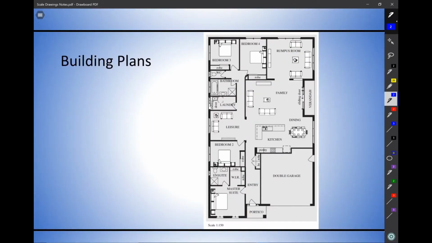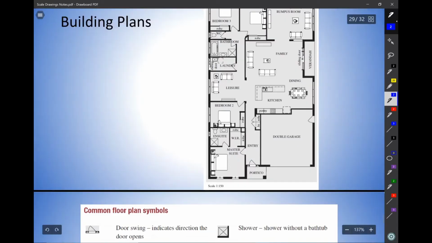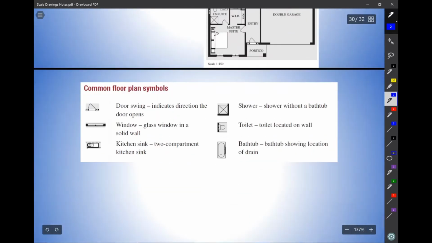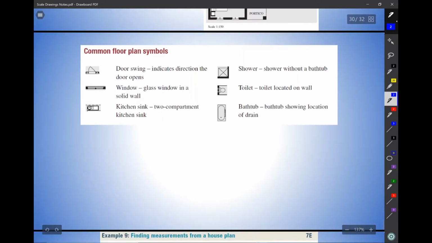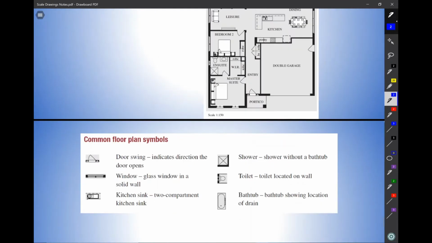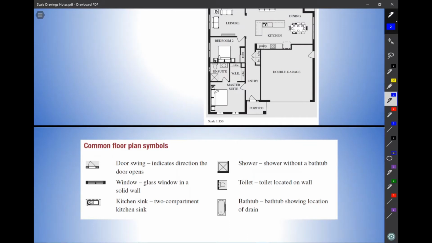Something we want to talk about in this lesson though are building plans. This is a typical building plan for a 4-bedroom home, single story. We want to look at some common symbols here that you'll see on all kinds of house plans. Doors are one of the most important ones. Shows you the door and the direction it opens.